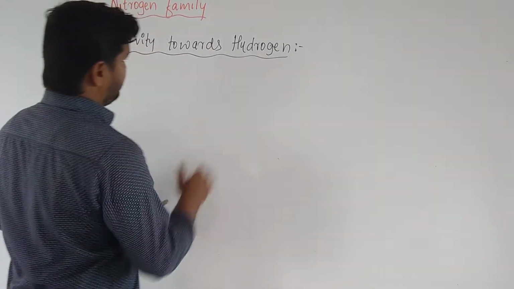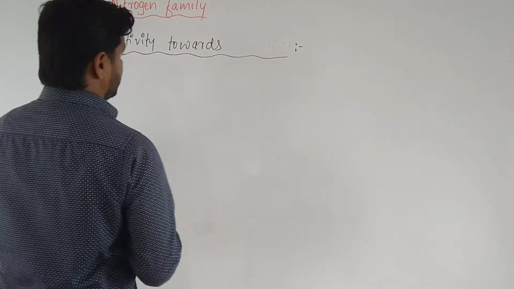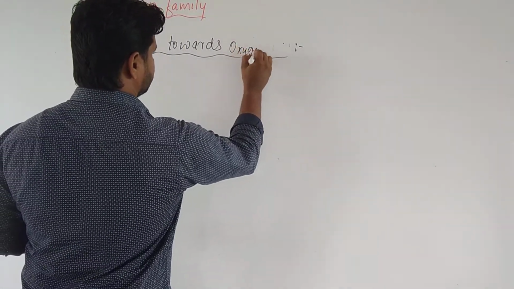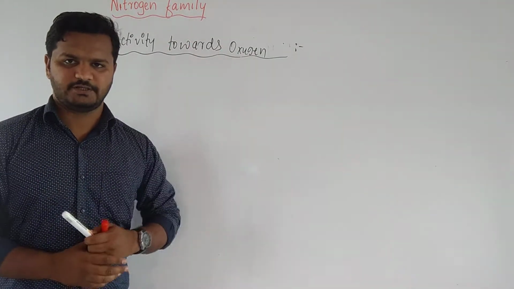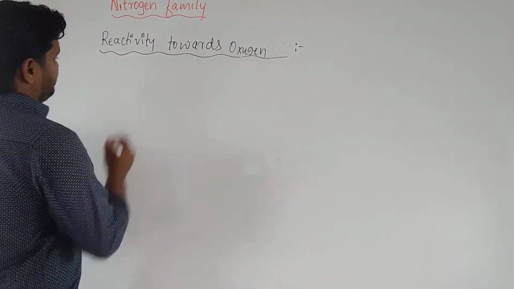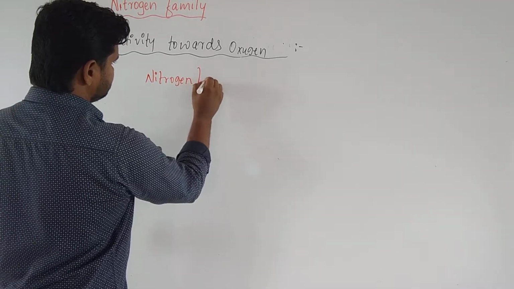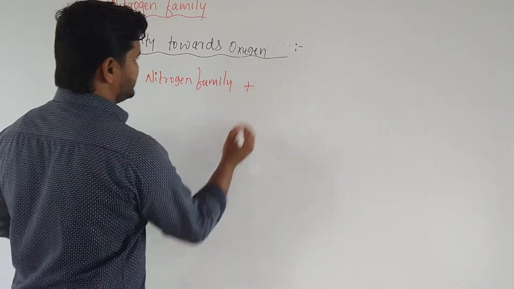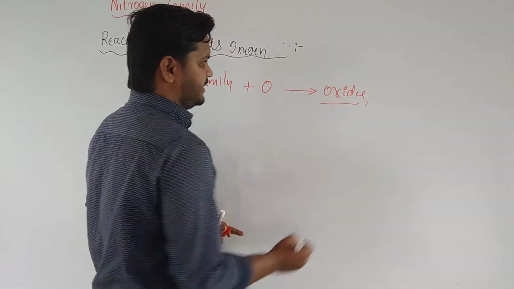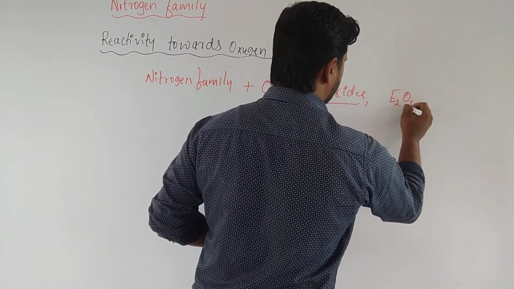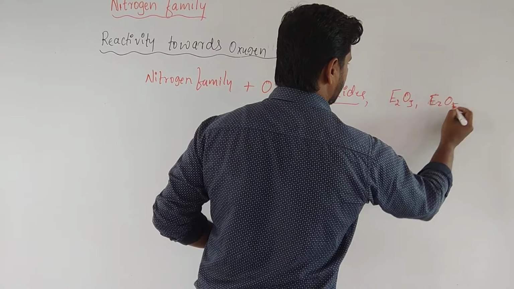Next one, students, reactivity towards oxygen. When the nitrogen family, nothing but group 15, reacts with oxygen, what product does it give? They form oxides of the type E2O3 and E2O5.